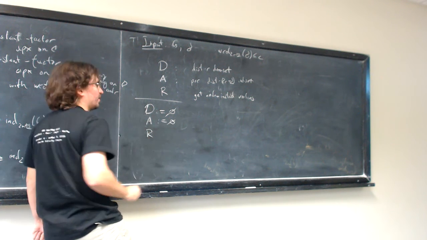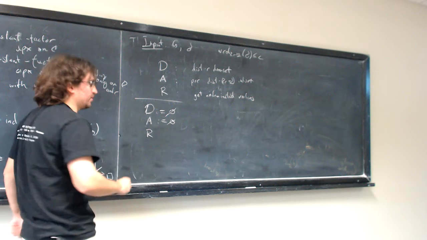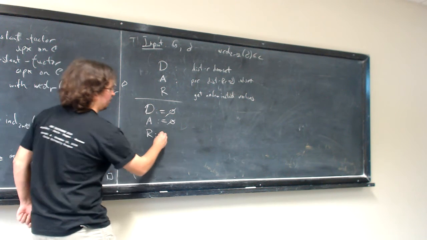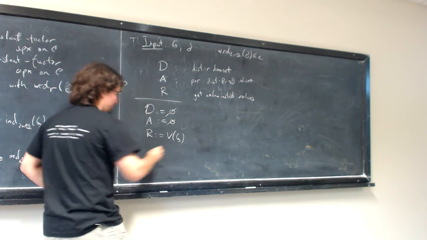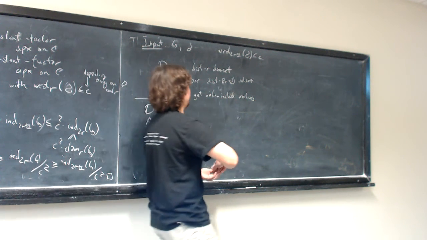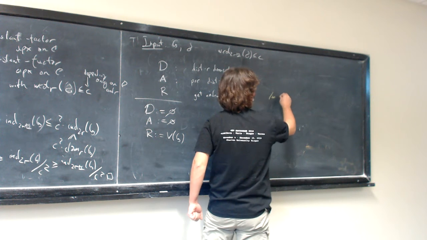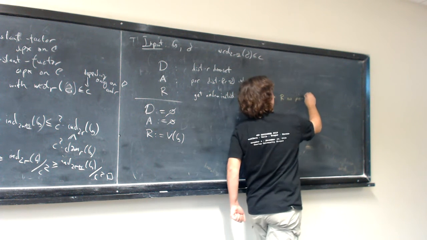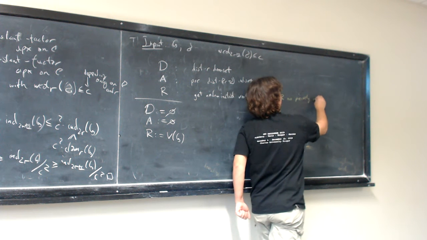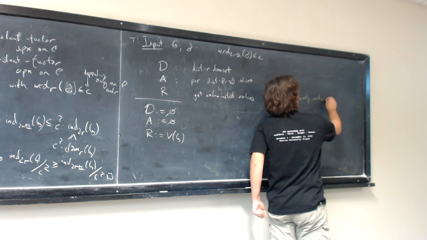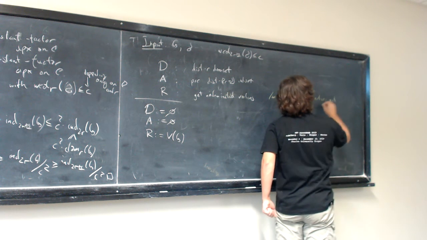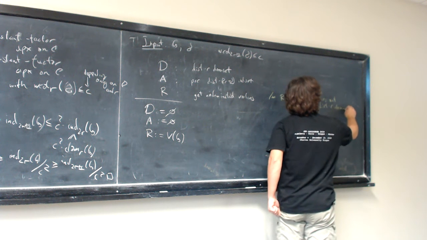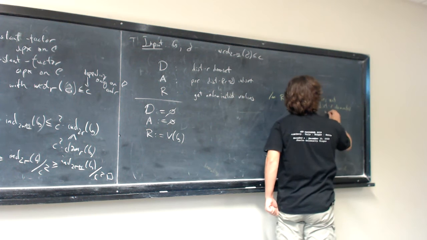And R, the vertices not dominated by D, will be the whole graph. More formally, we will maintain the invariant that R are precisely vertices not distance r dominated by D.